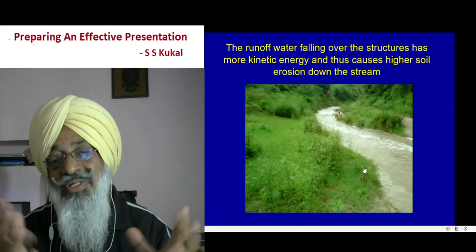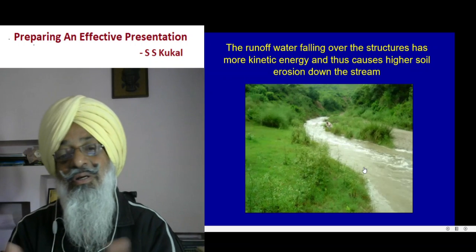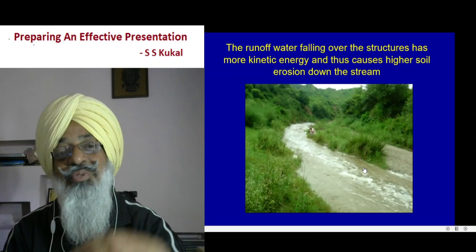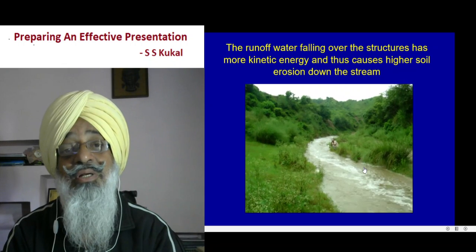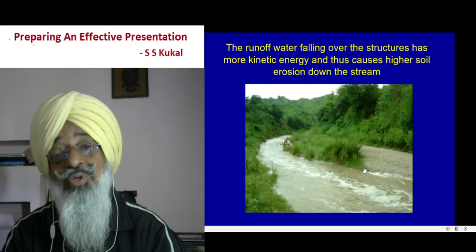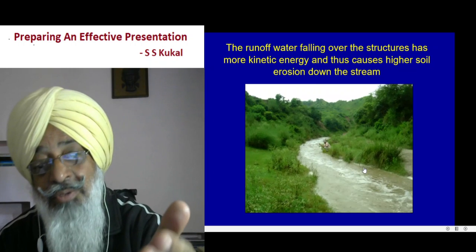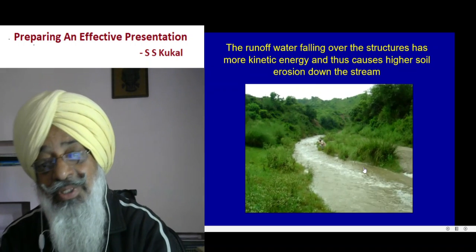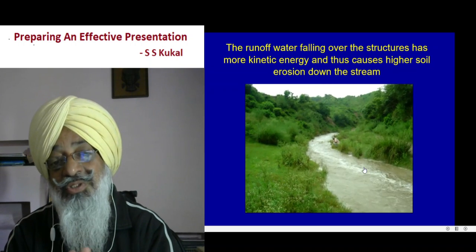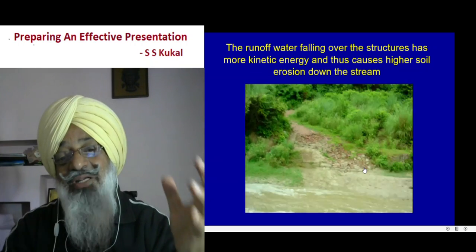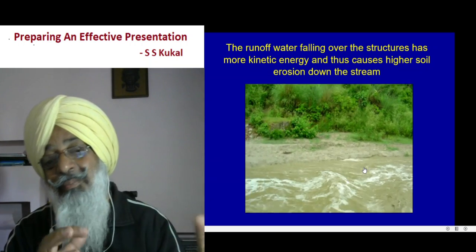That means rainfall started, and after the start of rainfall, there is runoff. Then the person will see that the runoff water falling over the structure has more kinetic energy, causing soil erosion downstream, and slowly this water is getting muddy. So this shows soil erosion. Just looking at this video clipping, it has a great impact.